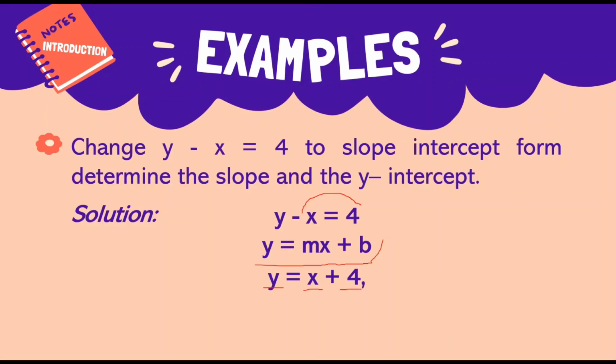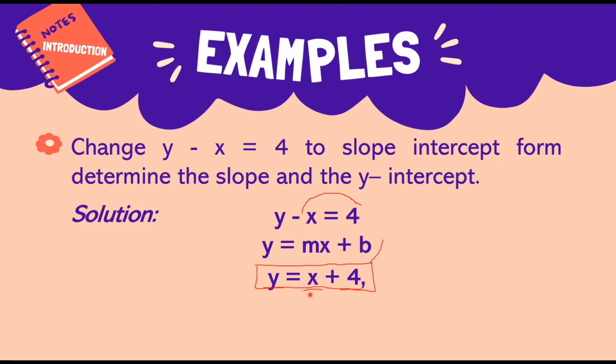So now, naka-rewrite na siya into slope-intercept form. We have y is equal to x plus 4. Di ba? Madali nating nailipat kasi you already know our slope-intercept form, which is y is equal to mx plus b.